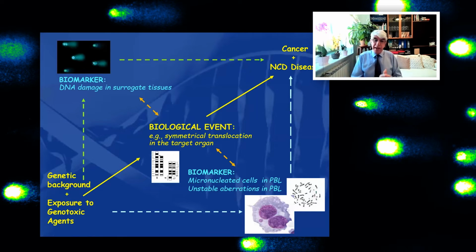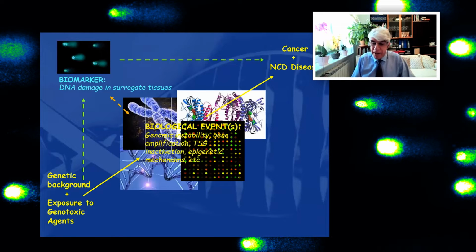So we tried to replicate the same approach with DNA damage in surrogate tissues measured with the hCOMET SA. A little more complicated is the biological event. DNA damage is a pleiotropic biomarker, I would say, implicated with several events.